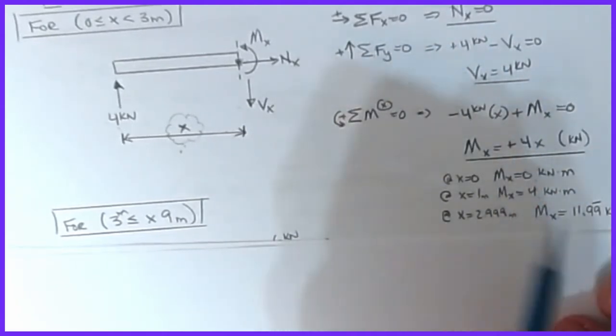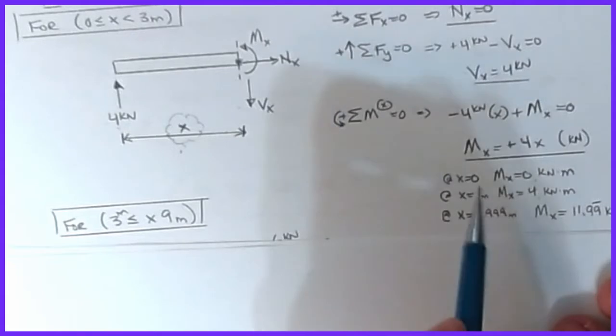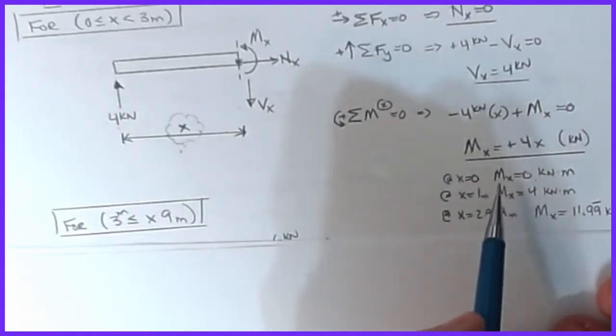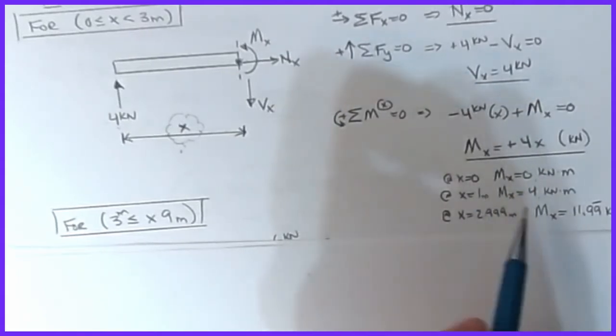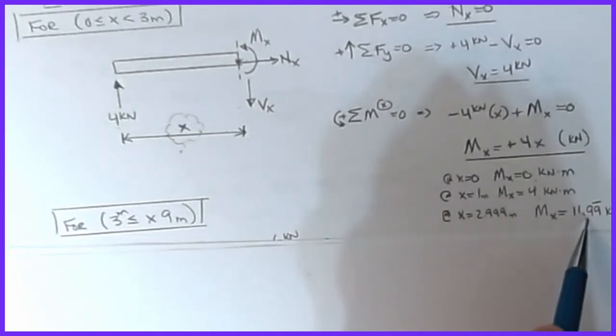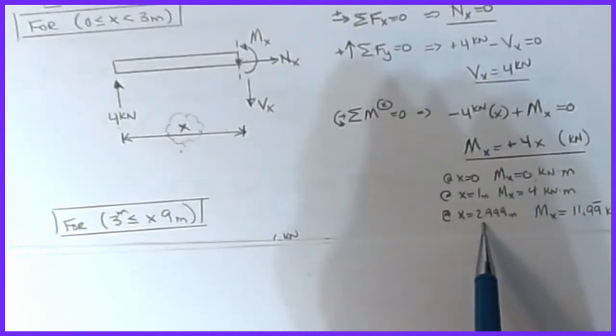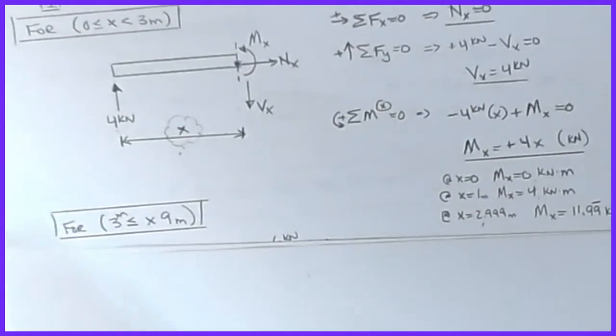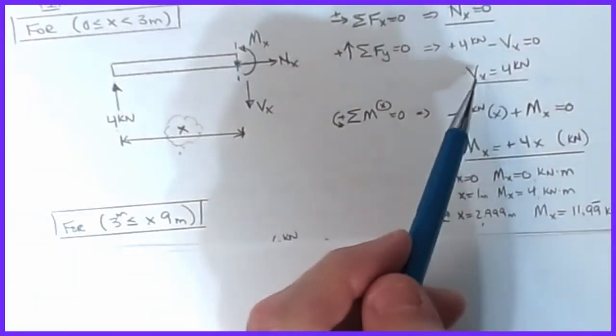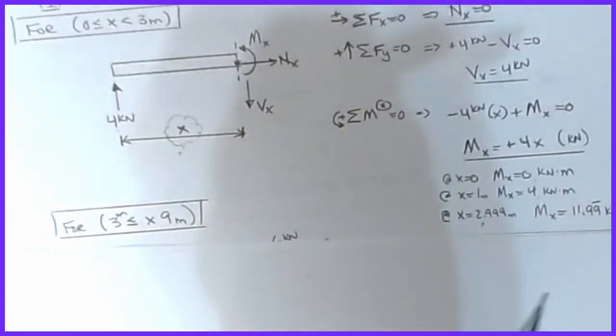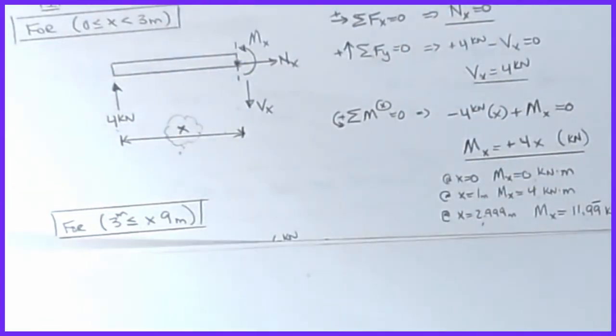And so we can almost start to plot this thing. Within this range, I can quickly see the peak value, and the peak value is the 12 kilonewton meters occurring at that location. Now I've analyzed that entire left half of the beam, and I found the maximum shear, the maximum axial, and the maximum moment, all by writing generalized equations.